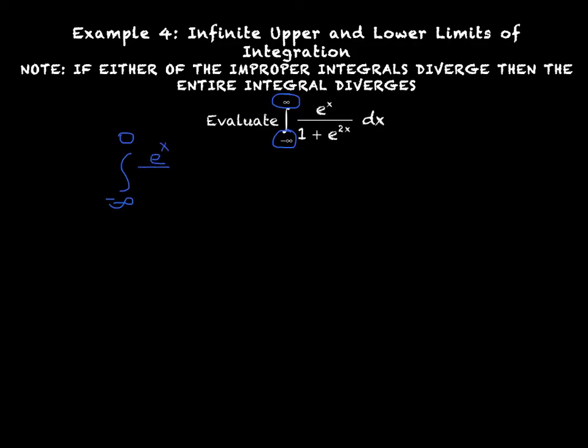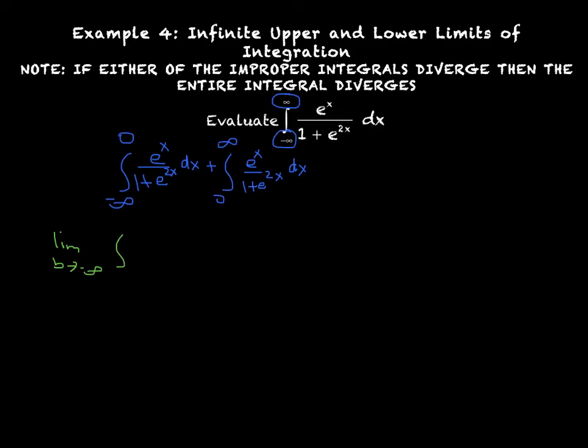And so I'm going to integrate from negative infinity to 0 dx plus the integral of 0 to infinity of the same expression. And then we are going to turn this into a limit problem. And so it is going to end up being, we're going to have to let b, so why don't we say the limit as b approaches negative infinity.